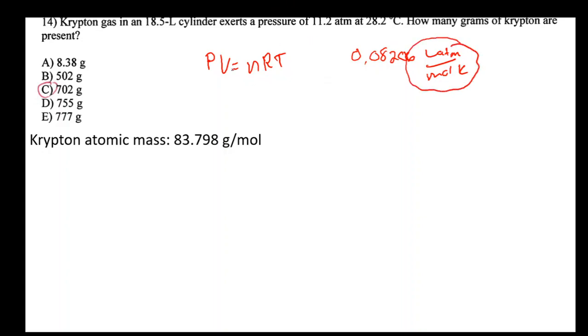Looking here, liters are correct for our volume, and atmospheres are correct for our pressure. The one thing we need to convert is Celsius to Kelvin, but that's easy enough.